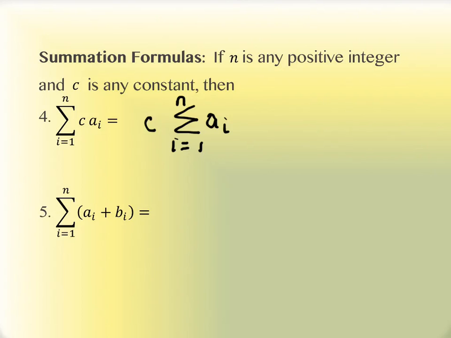We did it in the last section with antiderivatives. We took the antiderivative of each one of them separately and then we added them. And we can do the same thing here. We can take the summation of each one individually, and then we can add them.